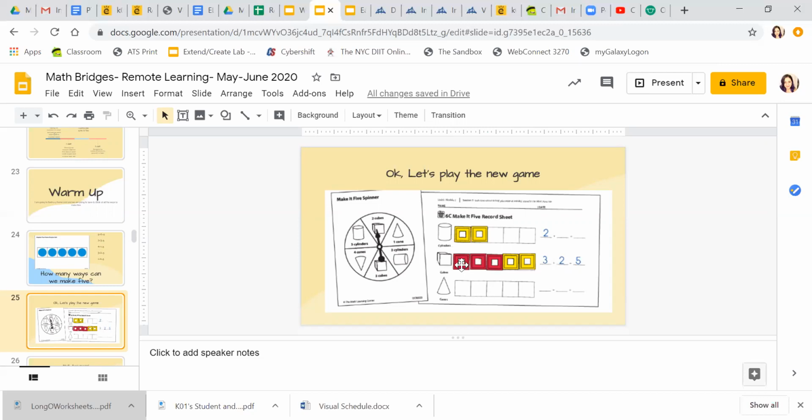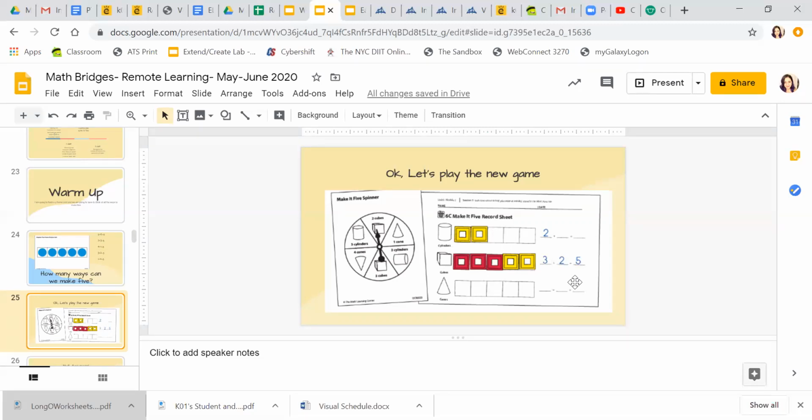Now it's going to be one color that we're going to do for each beginning part of the game. And then at the end, we're going to try and figure out what the equation is, or what the number sentence is, to make 5. And the first person to fill up all 3 3D shape lines wins, okay?